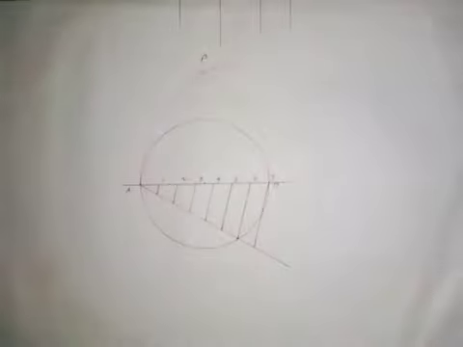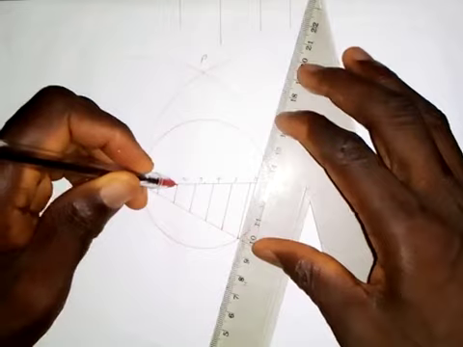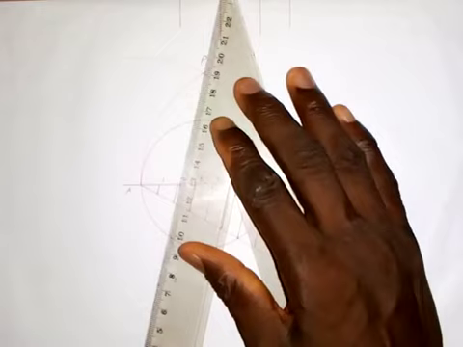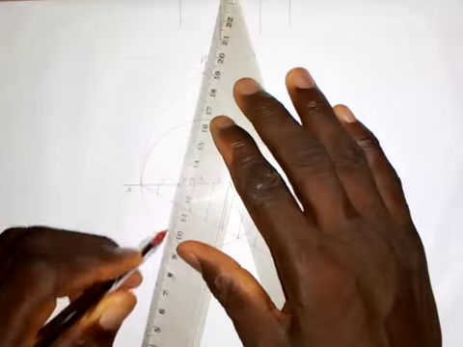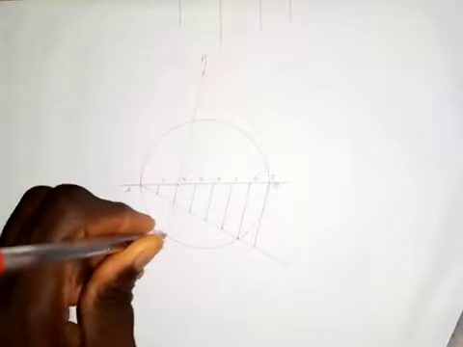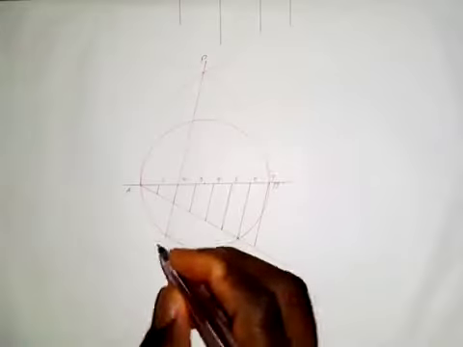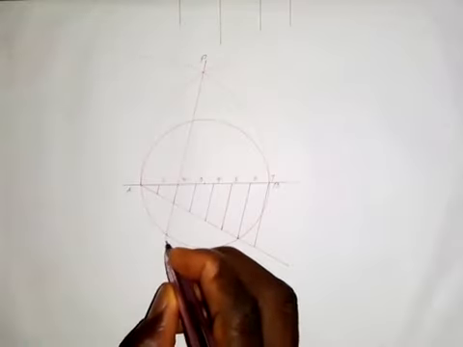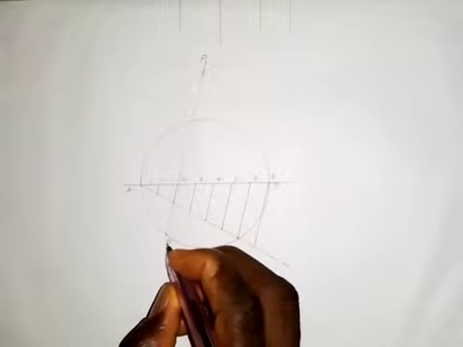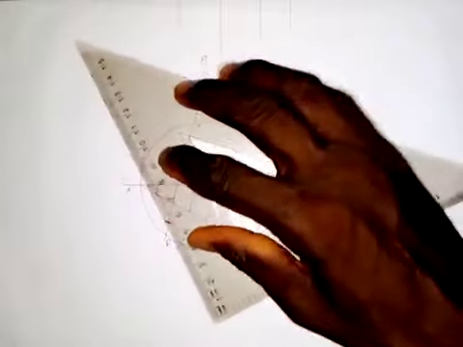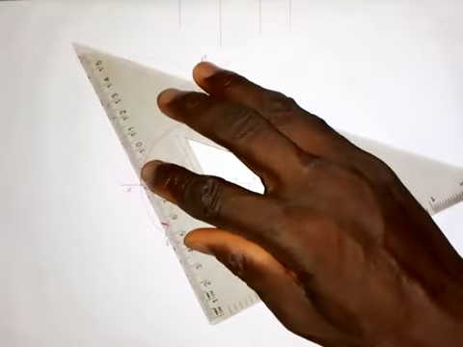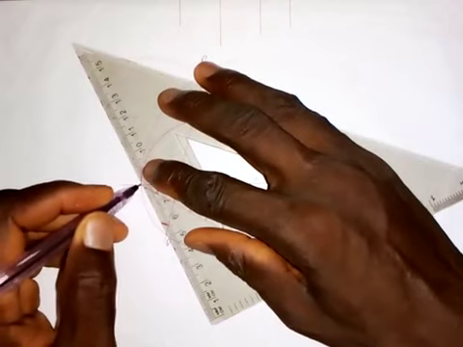Okay, the next thing we are going to do is to draw a line from point P, passing through point 2, and touching the circle at this point, which I'll call point D. The next thing I'm going to do is to join AD together with a straight line like this.